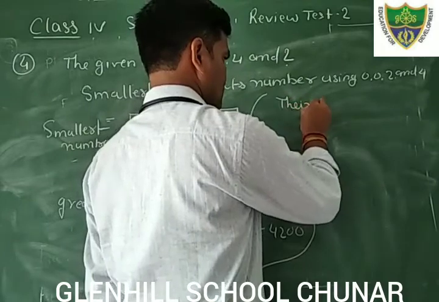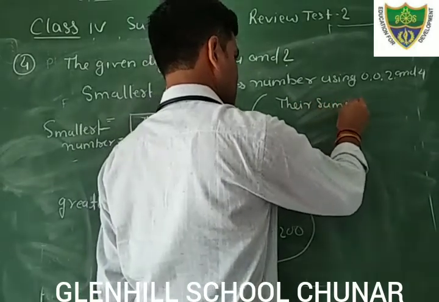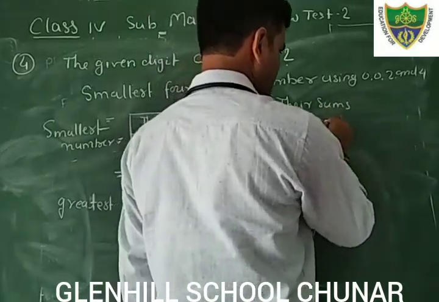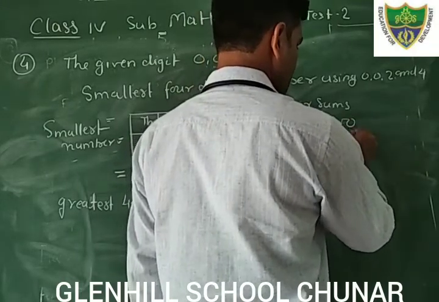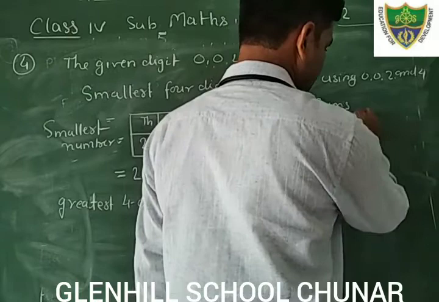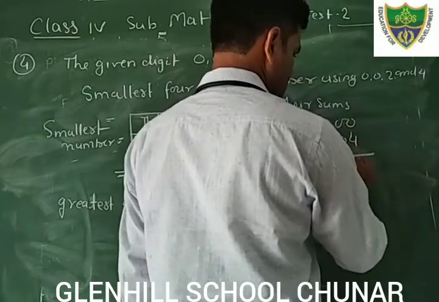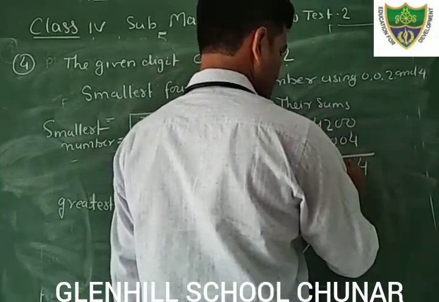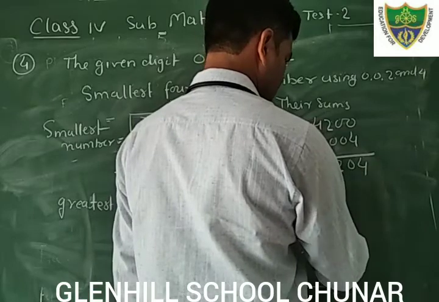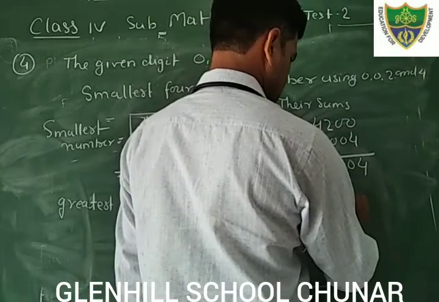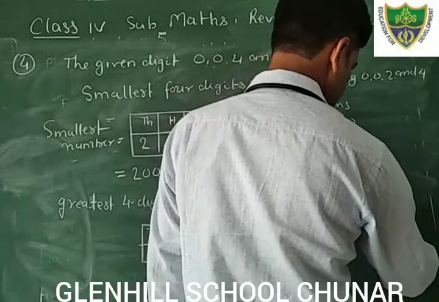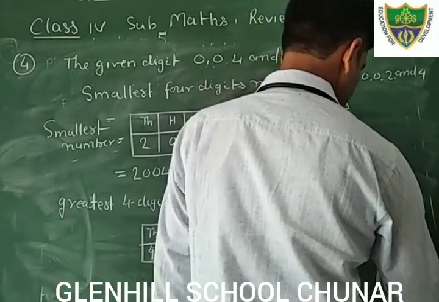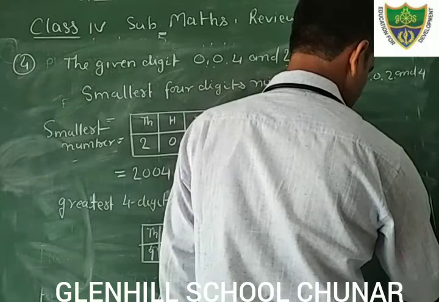Their sum, that is 4200 plus 2004, that is 6204, and difference, that is 4200 minus 2004.